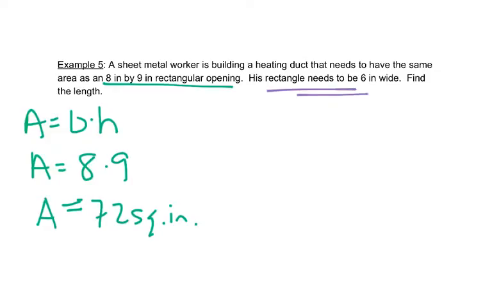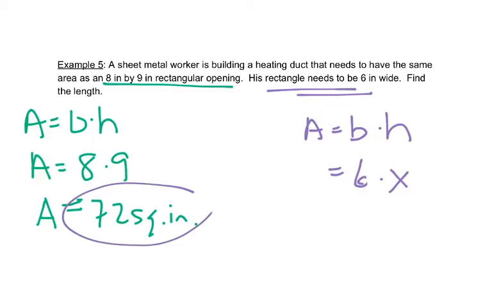We know he has a rectangle that needs to be 6 inches wide. So we can use base times height again, or length times width, it doesn't matter. We know that one of those measurements needs to be 6 inches. We don't know the other one. But we know it needs to have the same area as this one.